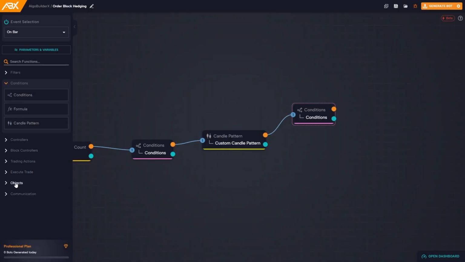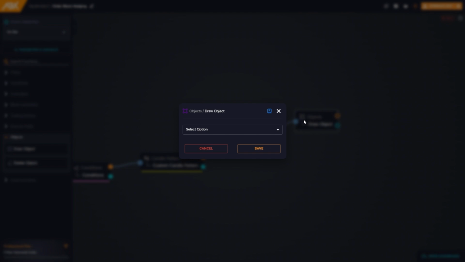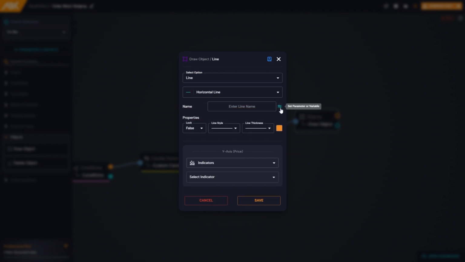Use the Draw Object block. Select Horizontal Line. Assign a variable as name.